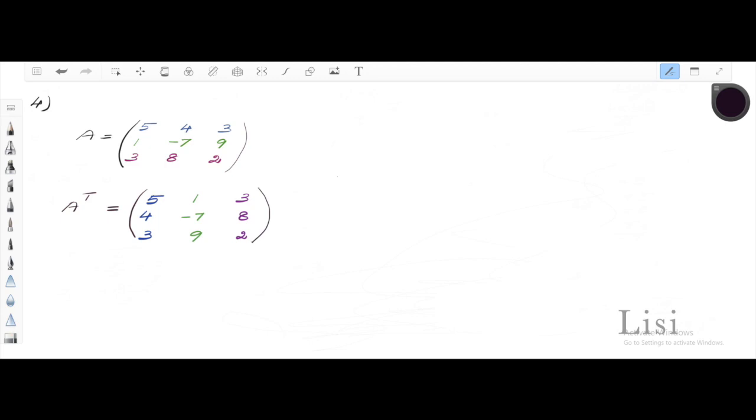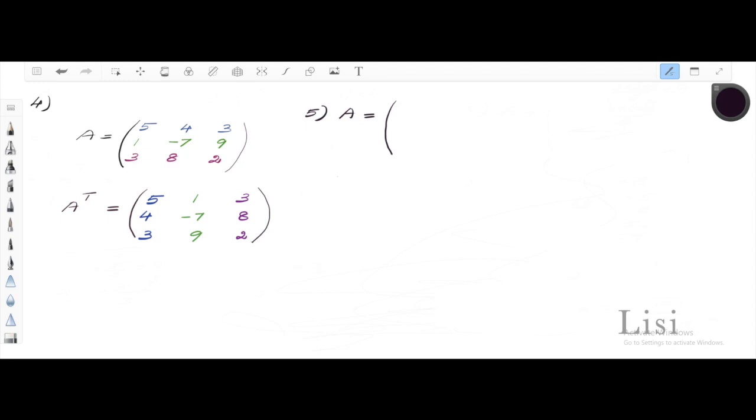Fifth sum. A matrix is given and you are asked to find the transpose of minus A. That is transpose of negative matrix of A. So fifth one, matrix A is equal to, what is the order of the matrix? It is 3 cross 2 matrix.